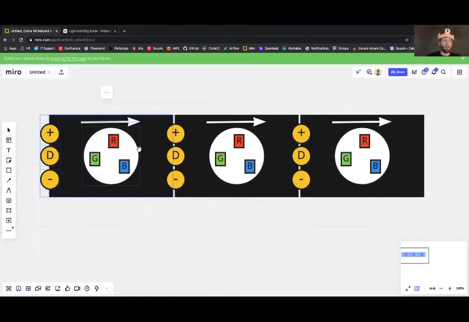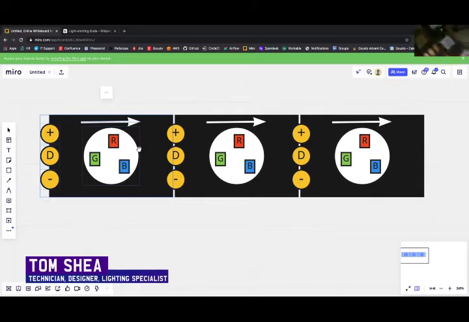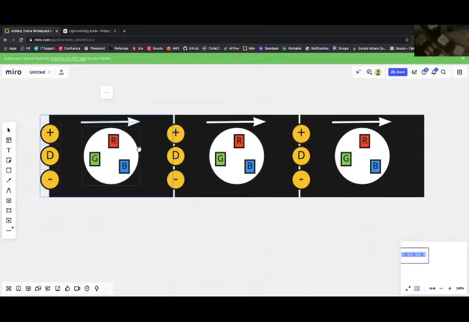Okay, let's see if I can give a demo of this. So if I turn this off and zoom in really close, you might be able to start seeing that circle in the center of that white square. That circle actually contains those three emitters.